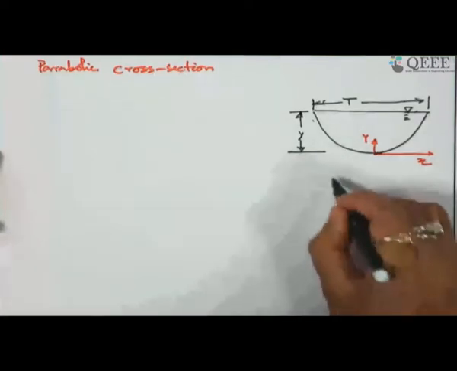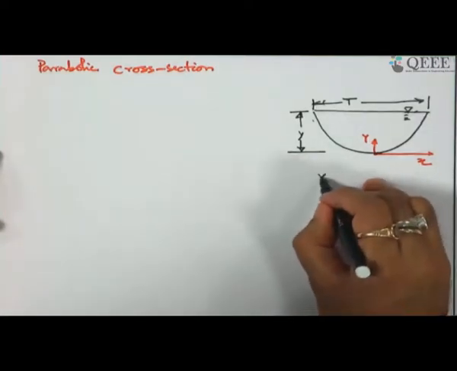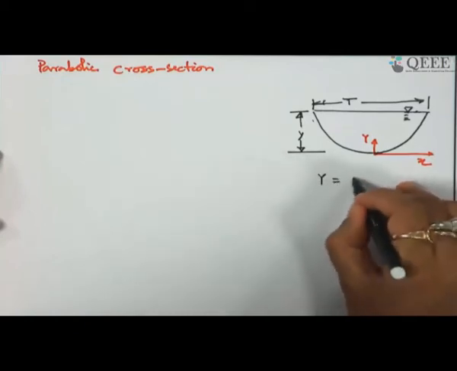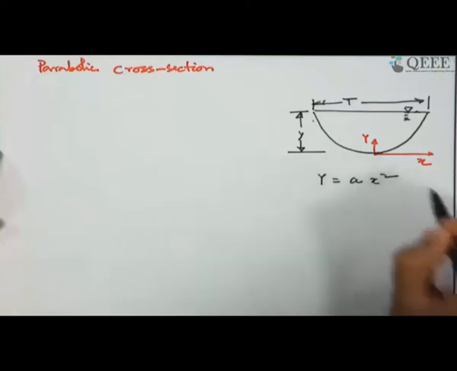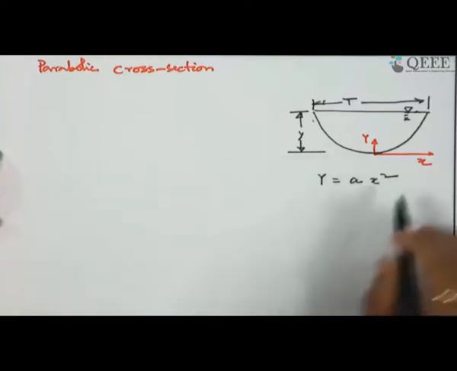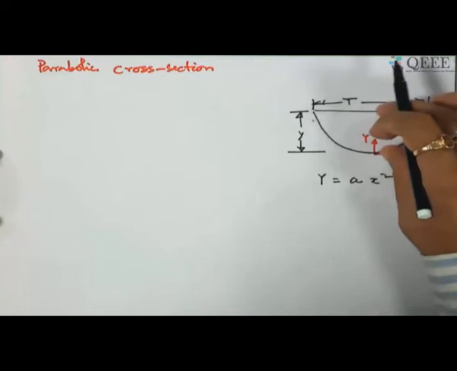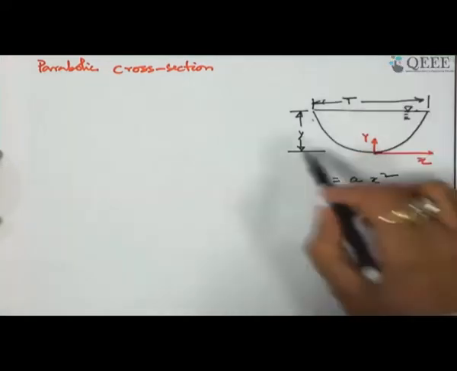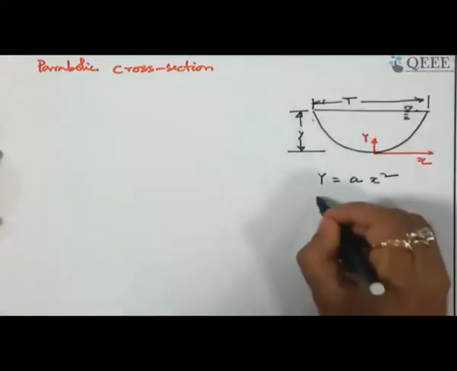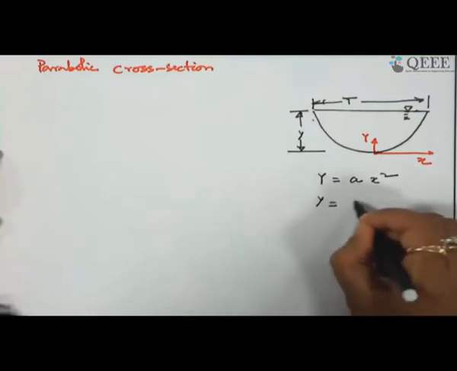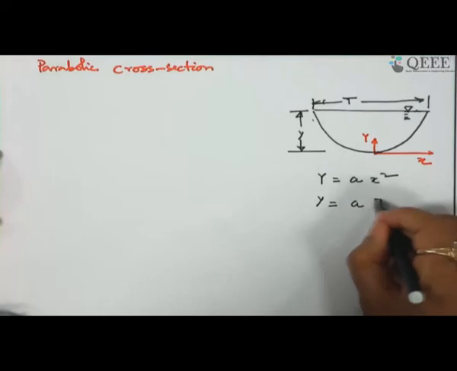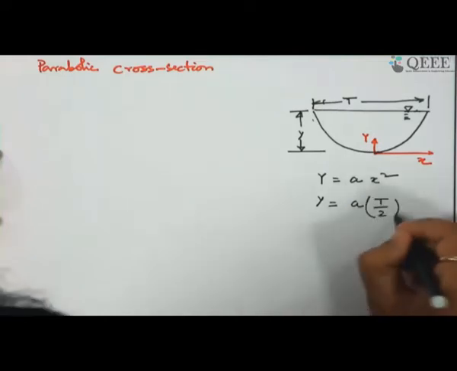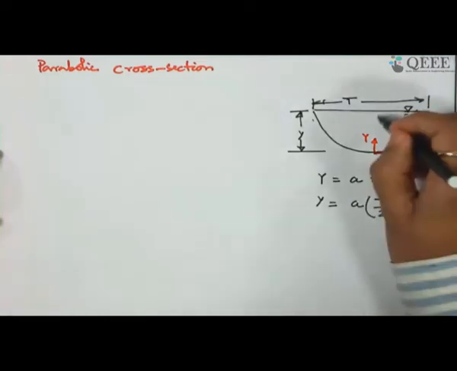So, we can represent this capital Y as a into x square. If we consider the total depth of flow y, then y is nothing but a into T by 2 square, where T is the top width.